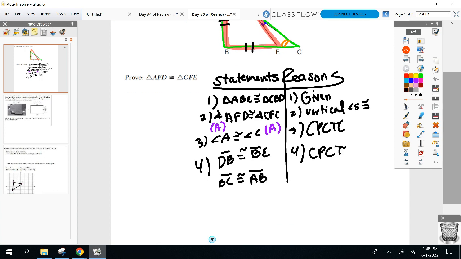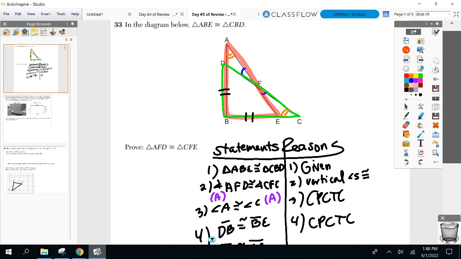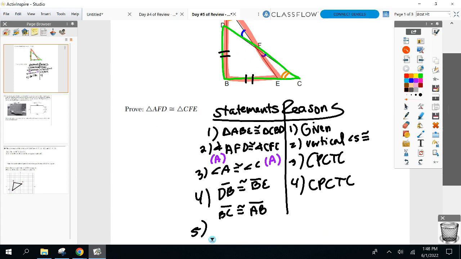CPCTC, and yes, like Lauren just asked, you could combine all these in step 3. Where am I going here? Look at these sides. What can I do with them to get a side in the smaller triangles? Caitlin, let's finish this off. I can subtract them. Boom! There you go. Good find, Jonathan.